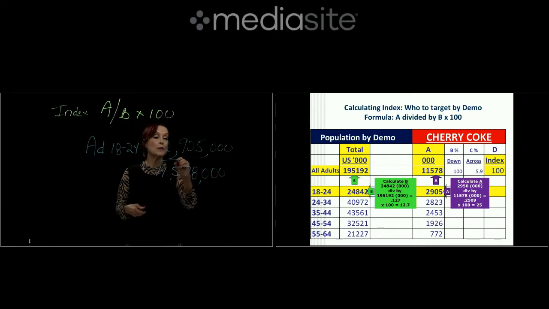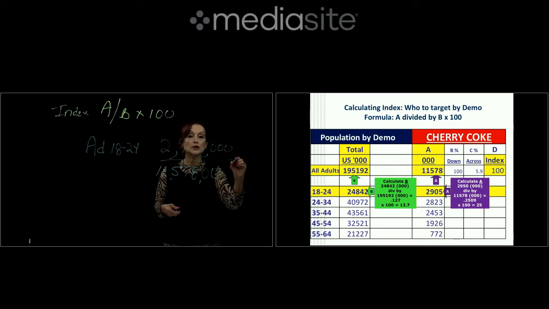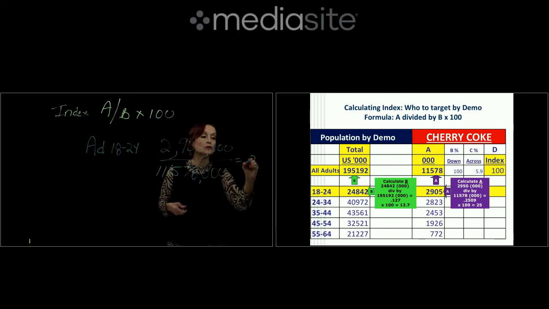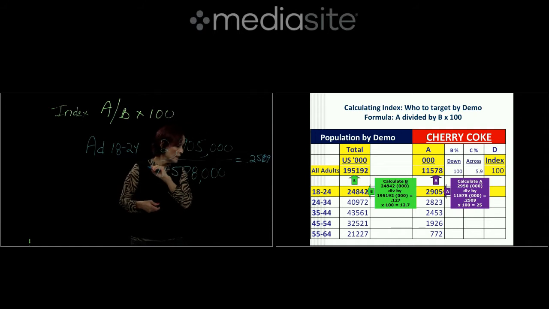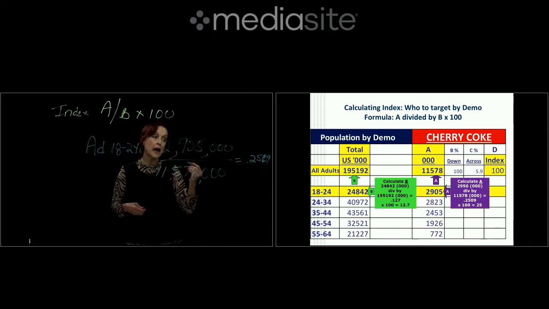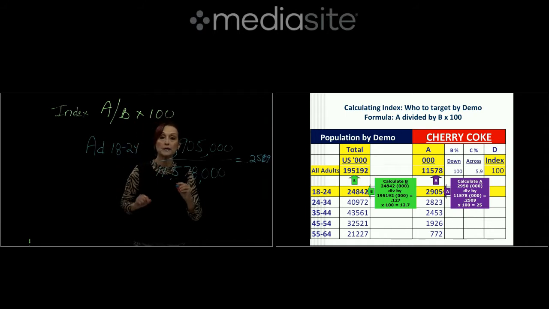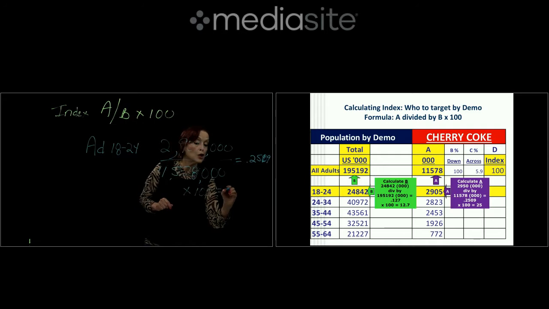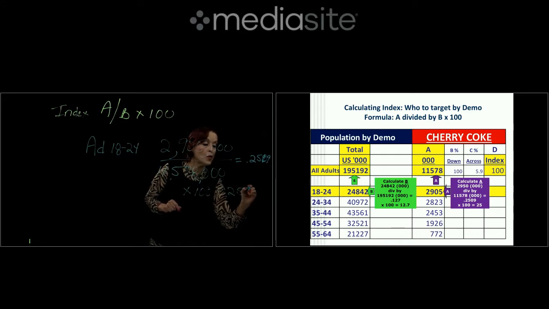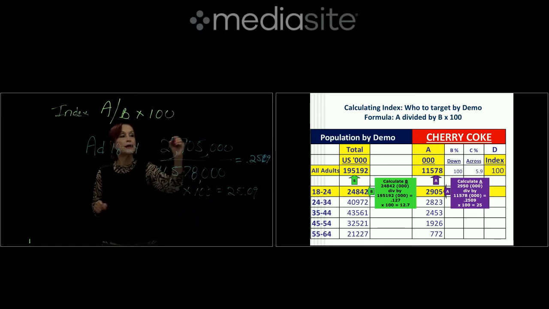And that number, when you do the division, equals 0.2509. Now, remember that you have to multiply times 100. So times 100 equals 25.09. So this is A.